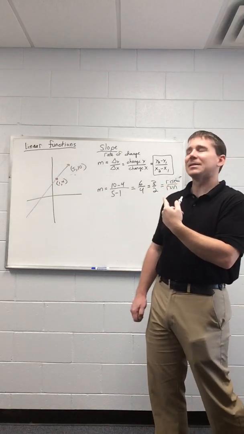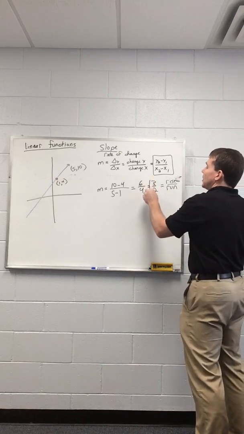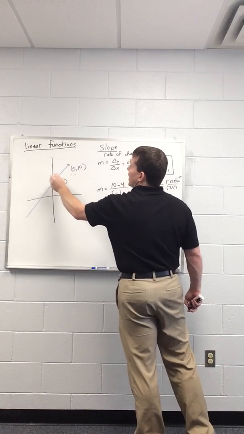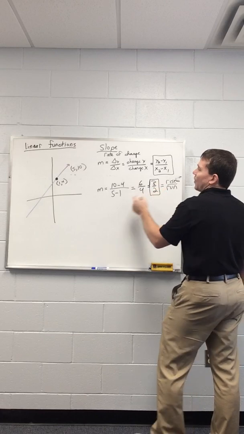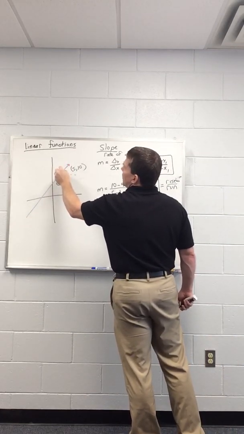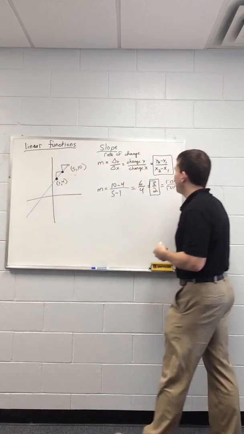So another way of defining this slope is as the rise over the run. One way to interpret this is, given any point, say this one, to find another point on the line, I rise 3 and run 2. So I would go up 3 and over 2, and I would get this point. Then I would go up 3 over 2 and get that point.